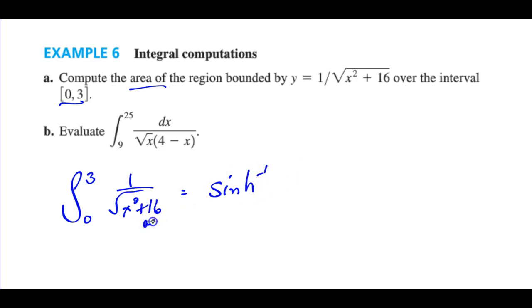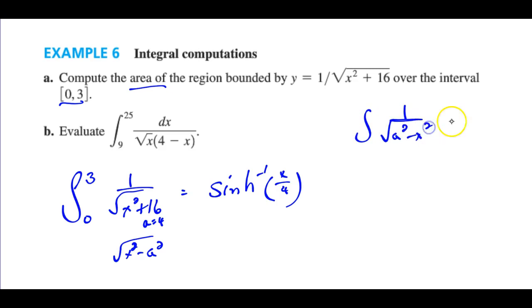And it looks to me like a is 4 because this is the square root of x squared minus a squared. So if I let a be 4, this is x over 4, because I remember that the integral of 1 over the square root of a squared minus x squared on a cheat sheet was that sine inverse of x over a, and that's true for hyperbolics as well.